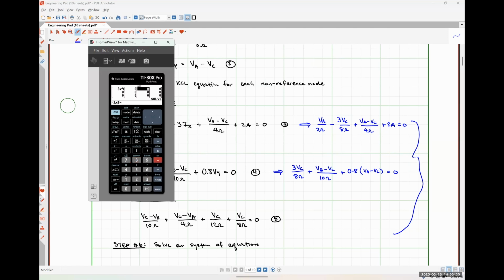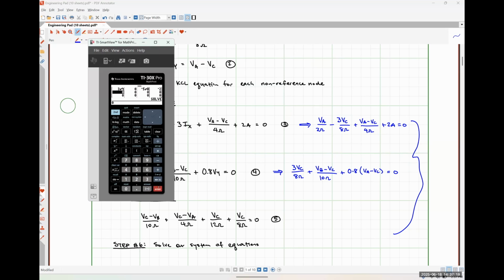So minus 1 over 4. And now I'm at my constant term. So I have 2 amps on the same side of the equal sign as the variable. So when I move that over, it's going to look like -2. So that's how I put that first equation into the calculator.